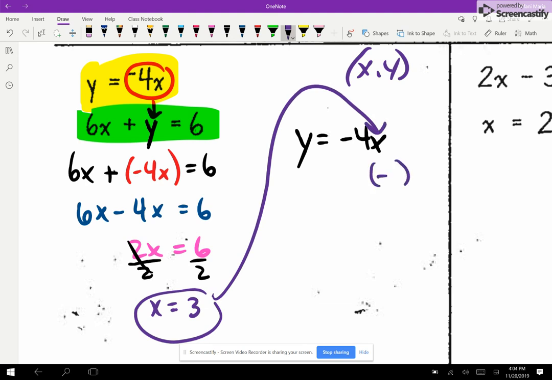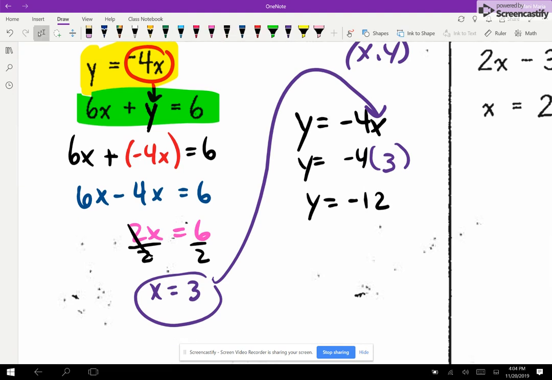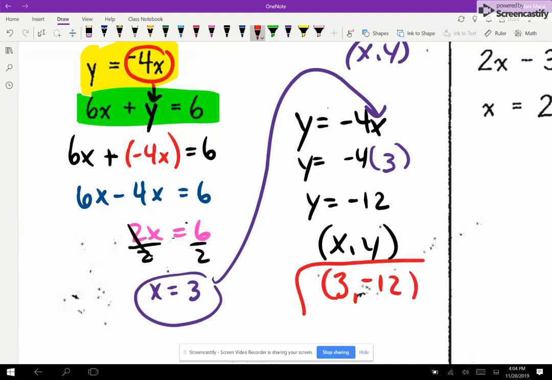So parentheses 3, bring down the negative 4, bring down the y and the equals, and y equals negative 12. So my final answer with my x and my y should be 3, negative 12. And that's my final answer.